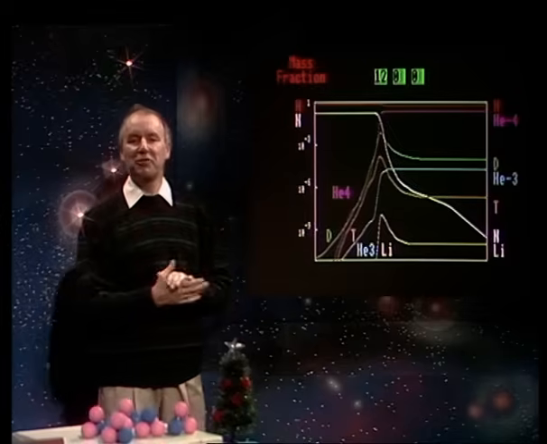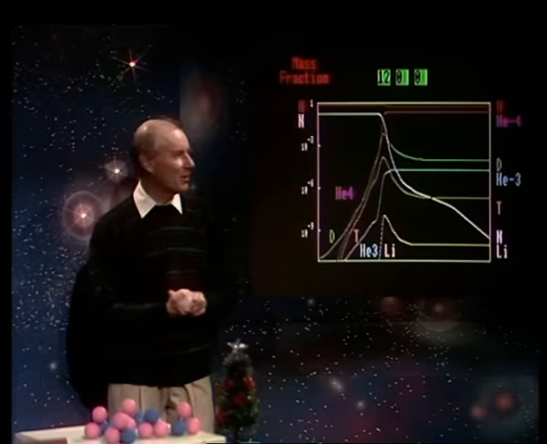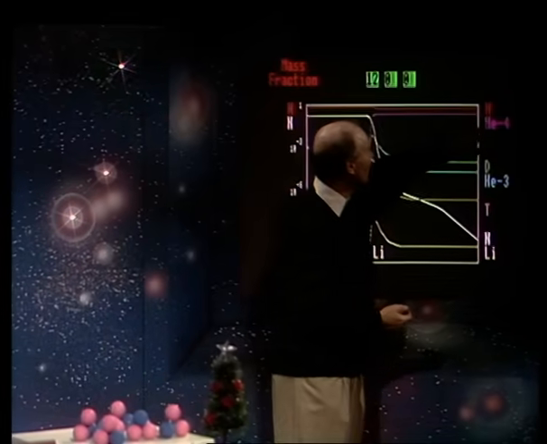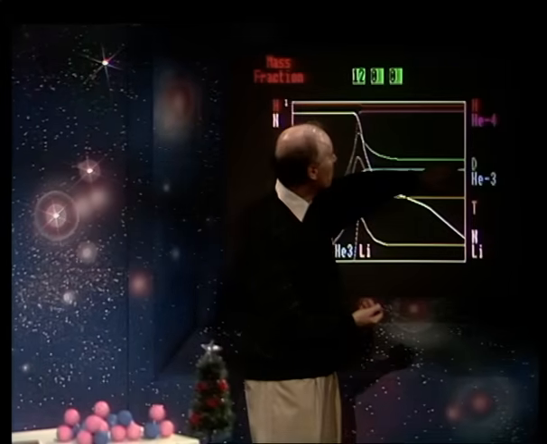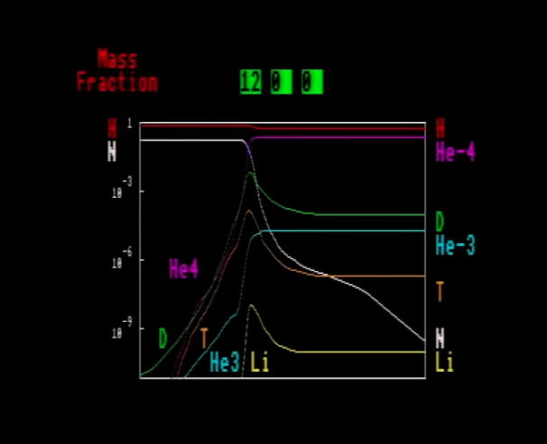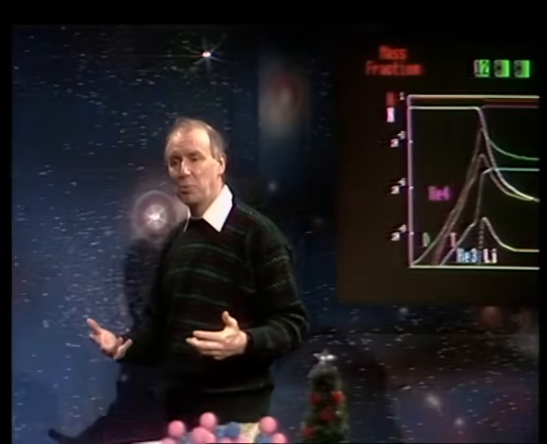Now you will notice that we've done much better than simply making helium. Here is the hydrogen and the helium, which we made through our production factory. But in addition, we've made some deuterium. We've made some helium-3, the isotope of helium, some tritium, and even some lithium. But they're made in very different proportions. Here's a representation of how much we've made.